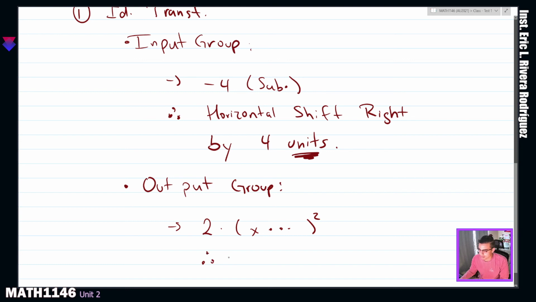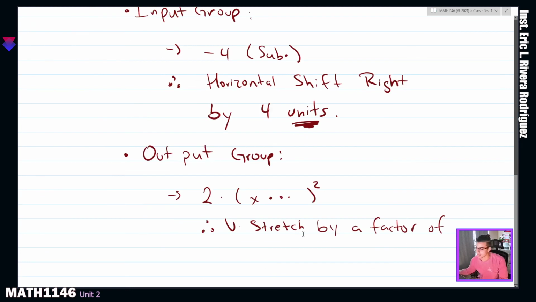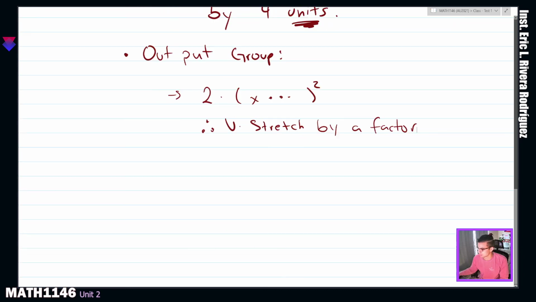So that is going to be a vertical stretch by a factor of 2. Keyword here, factor.